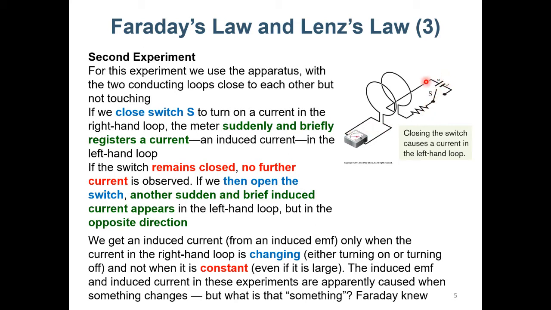Even if I make this current very large, or make the battery double or triple, it doesn't really influence that. As long as this loop has a constant current, there will be no current in the other loop.